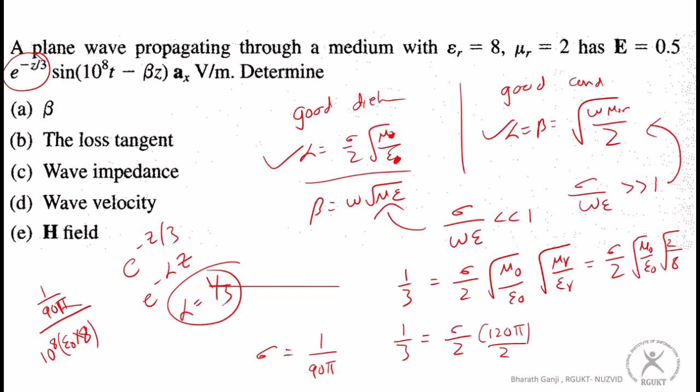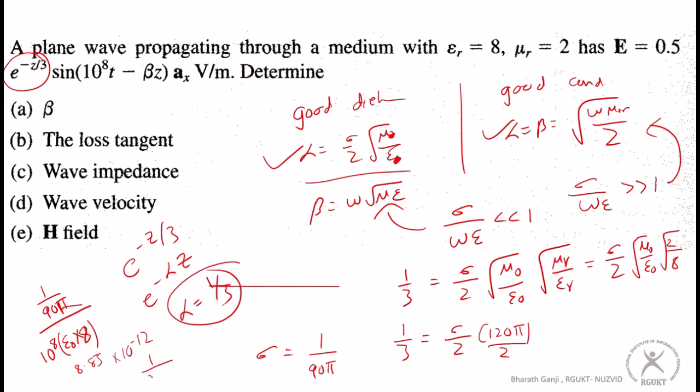To know that, we need to know the value of permittivity. So epsilon naught is something around 8.85 into 10 to the power of minus 12, right? So you get 10 to the power of minus 4.